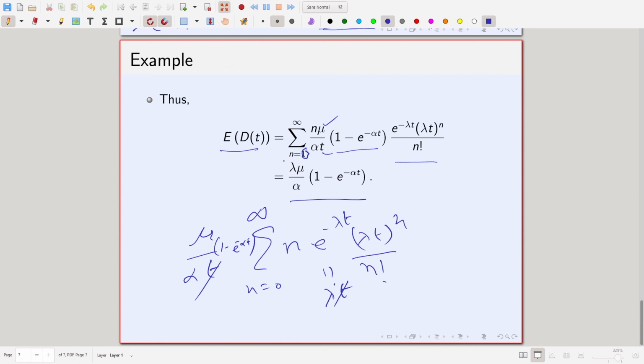So things which are not dependent on n come out of the summation, and then you just notice that the summation is nothing but the expectation of a Poisson lambda t distribution, which is equal to lambda t, and you just do the required cancellations and you end up with this answer. So expectation of Dt is lambda mu over alpha times 1 minus e to the power minus alpha t. So you see we have calculated it.